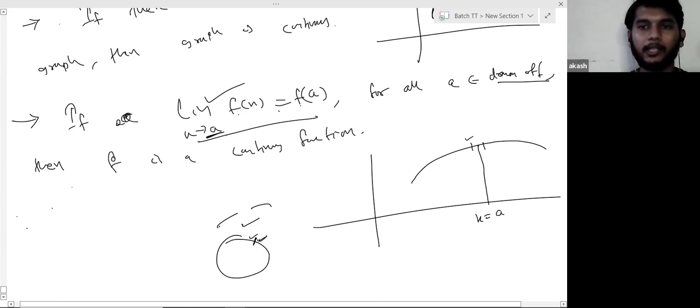So we are checking the neighborhood points and the value of the function at x equals a. If they all tend to one point, then obviously the graph is continuous. If the left neighborhood says this value is 3 and the right says this value is 4, then obviously this is not continuous.